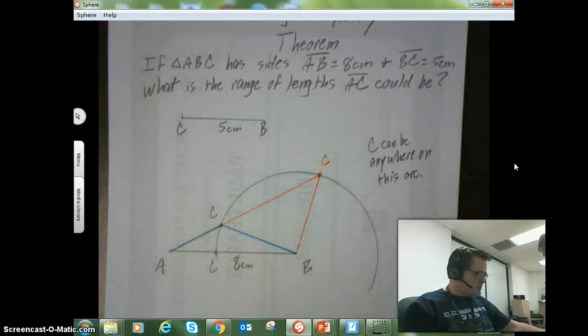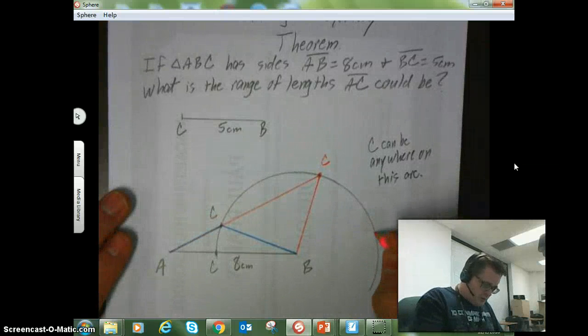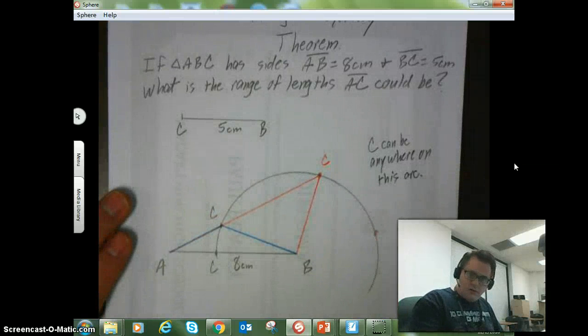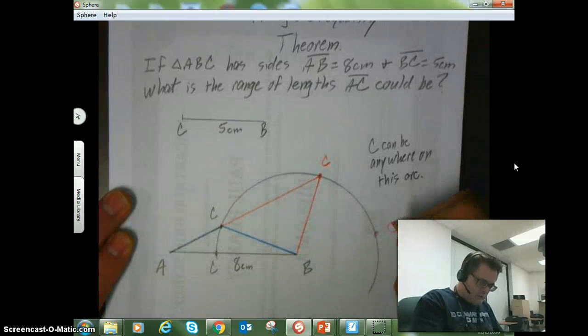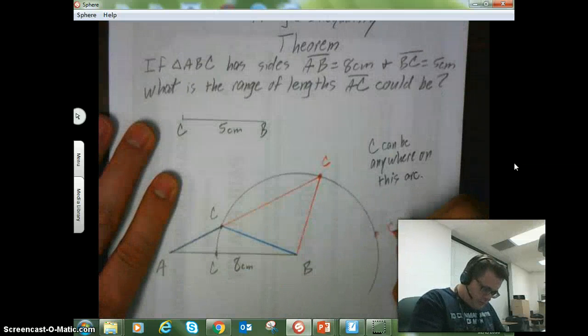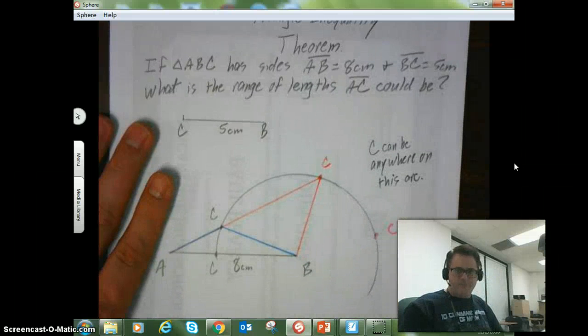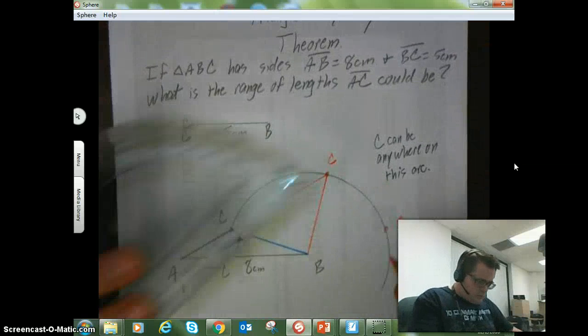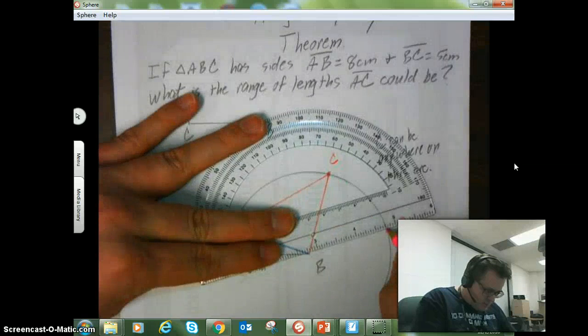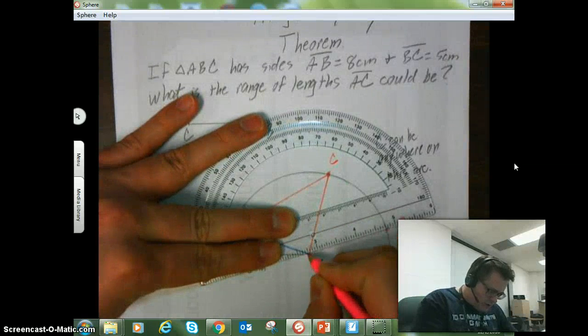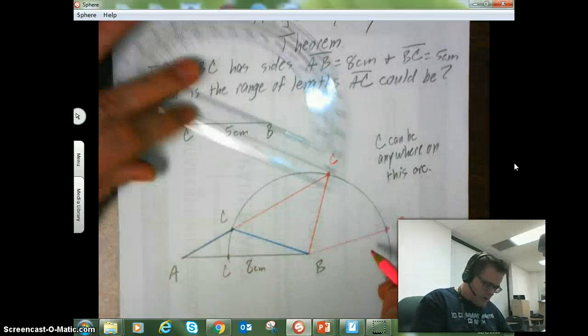Okay, and let me pick another color. What about right here? Here's point C. Now as it connects to point B, I think you get the picture of what's happening here.